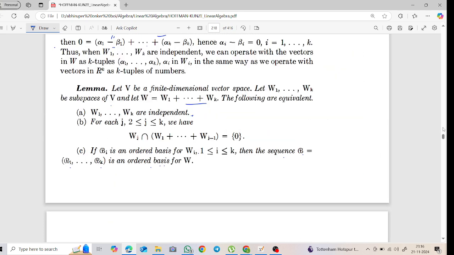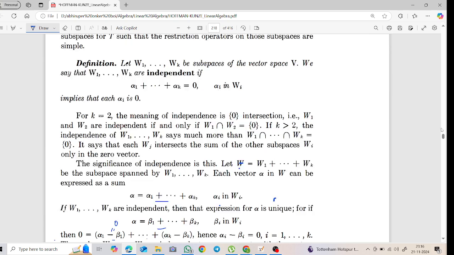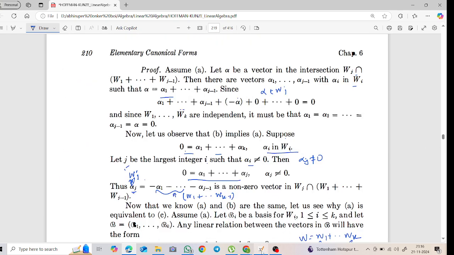But for the independency, okay, so let's see.